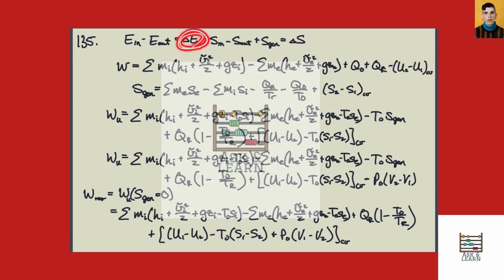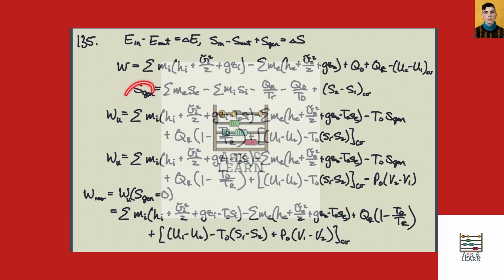So we have this term here now, and this is inside the control volume. All this stuff is going across the control volume, and this is inside the control volume. Likewise, entropy is very similar to what we had in the previous problem, except now we have a change in entropy in the system, in the control volume.